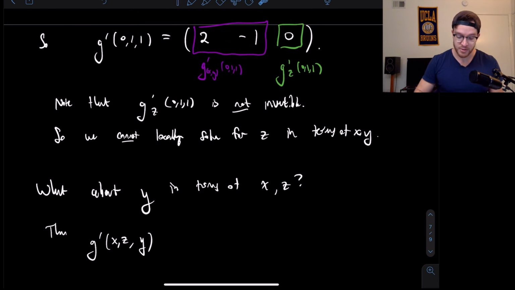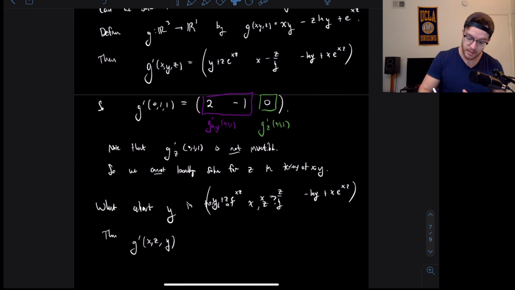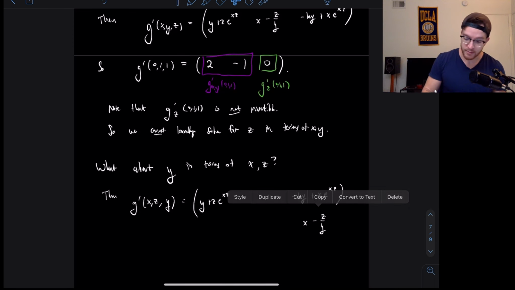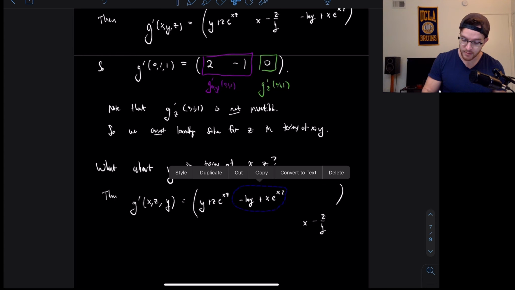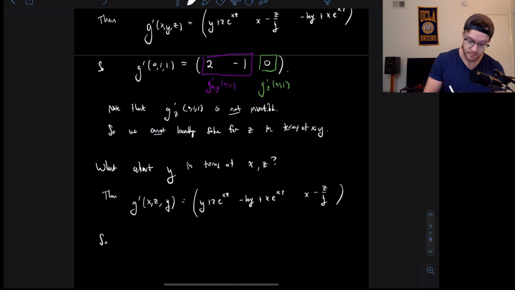Well, this would be the same matrix, right? But with the z and y components switched. So now I'm doing y last, and I'm doing z in the middle. So the Jacobian at the point we care about, which is still 0, 1, 1, even though I've flipped the order of y and z, I'll get the matrix 2, 0, negative 1.